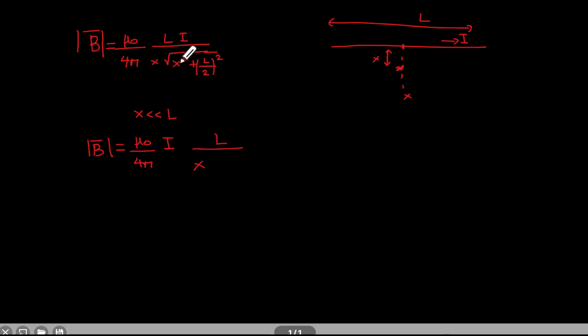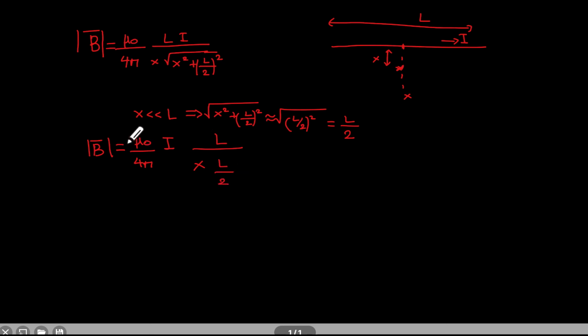If this is a very small term compared to this one, then I'm going to start with this square root and say, well, in that case, this is approximately equal to the square root of L over 2 squared. And of course, you can cancel out the square root with the square, and you get L over 2. So what I have here is simply L over 2.